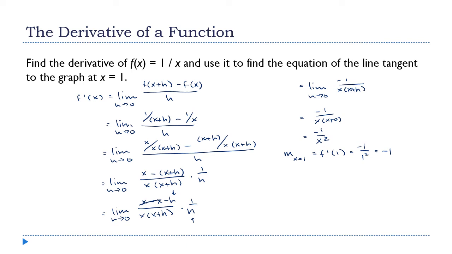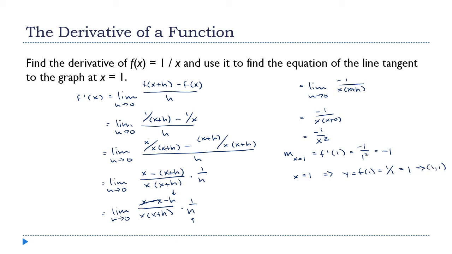And let's see, what else do I need? I'm trying to find the equation of the line, right? So I need both the slope, which I've got, and a point on the line. Well, when x equals 1, y equals f of 1, which is 1 over 1, or 1. So now I've got my point, right? The point (1, 1) is on the line.